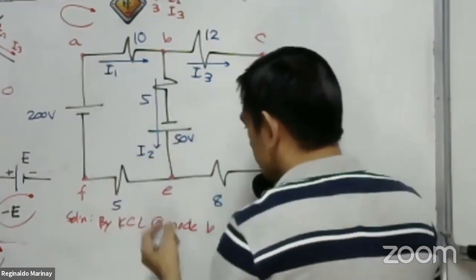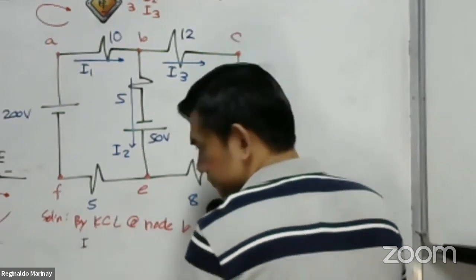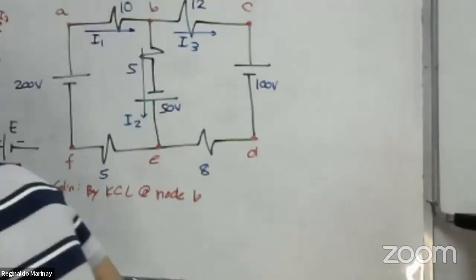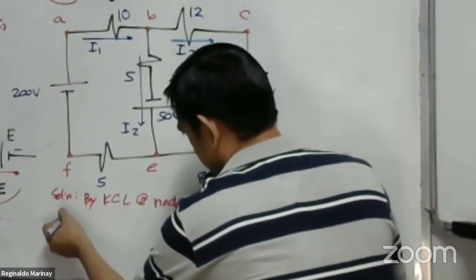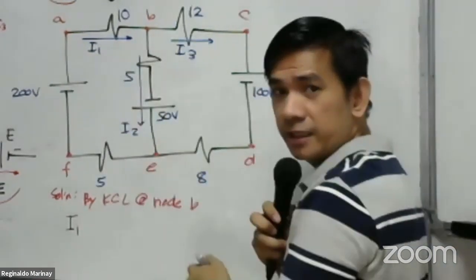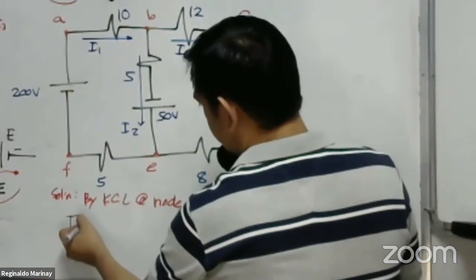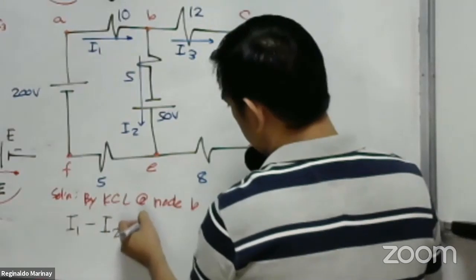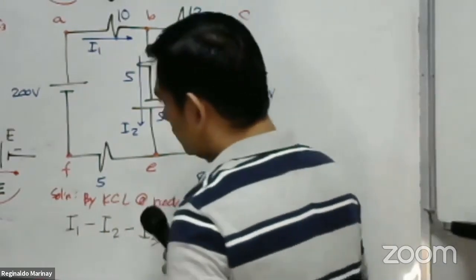So we have here I sub 1. And the current leaving is I2 and I3. I sub 1, then we have minus I2 minus I3 is equal to 0.